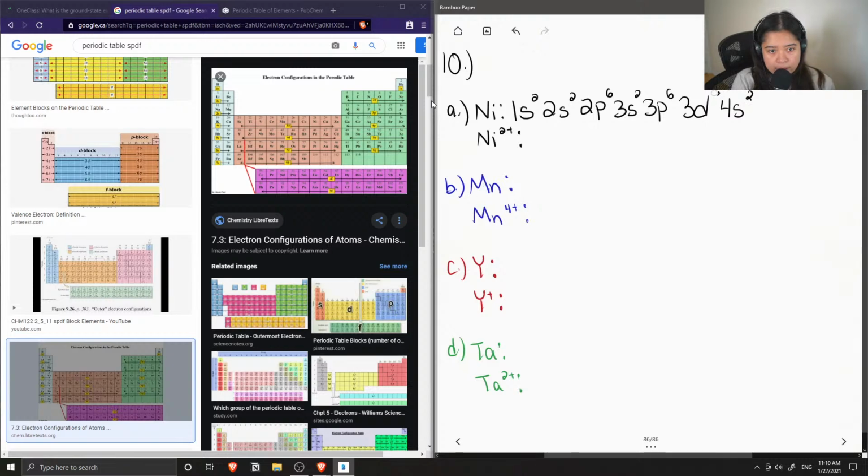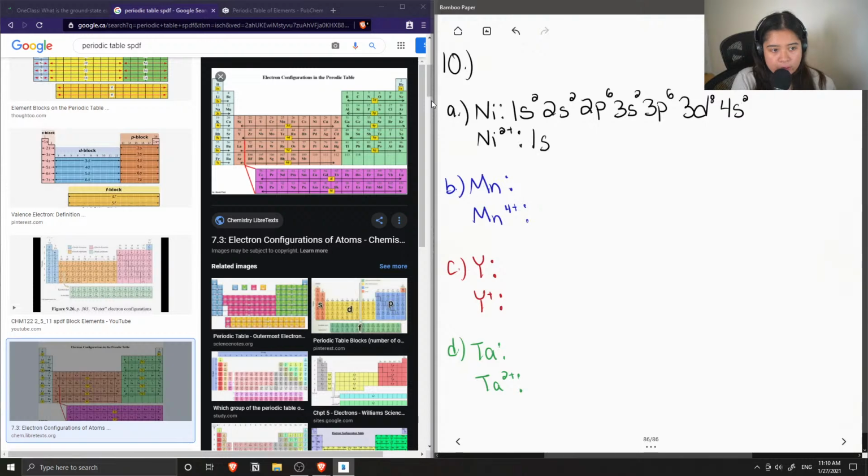Okay, so these are kind of cut out. Let me just rewrite it. Okay, so this is the ground state electron configuration for nickel. So now let's see what happens if we were to remove 2 electrons. So now nickel has a positive 2 charge.